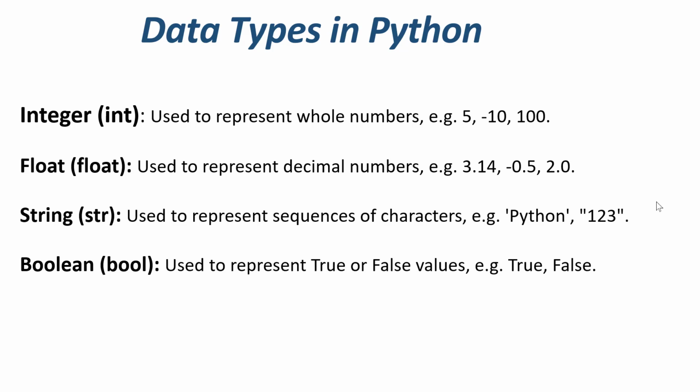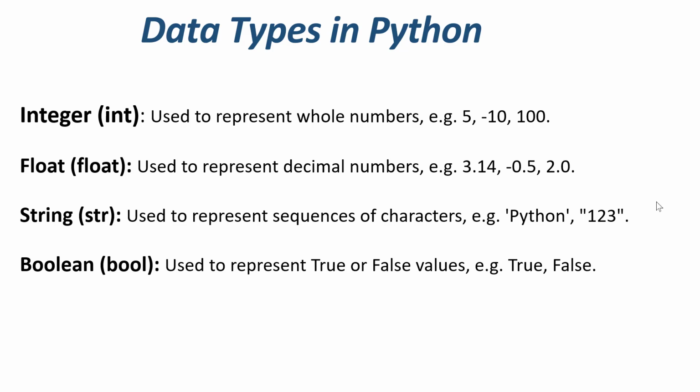Then if you want to represent sequences of characters, like a normal string, like your name, my name, and store it in a variable, that is called a string. Remember, any character can be stored as a string. It can be a special symbol. It can be 123. 123 seems to be an integer value, right? Of course it is, but it can also be stored as a string. We'll see all the examples once we're back in Jupyter.